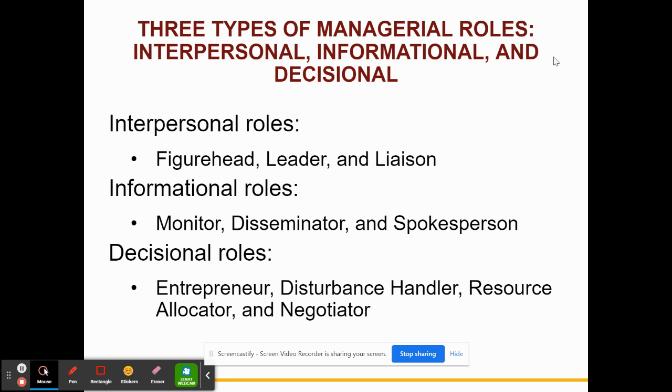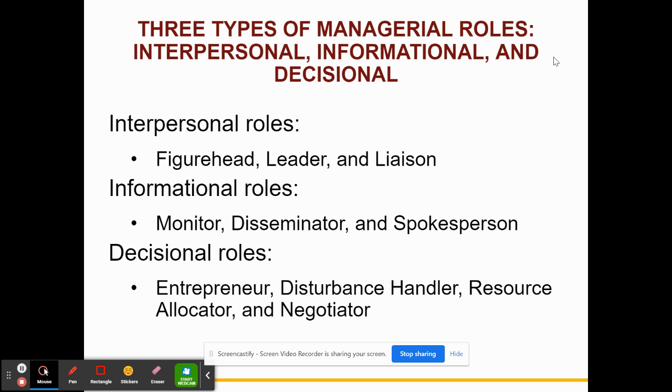And then we have the liaison, who is really a communication specialist, a go-between for other managers, or managers and other businesses. Their goal is really being able to communicate.